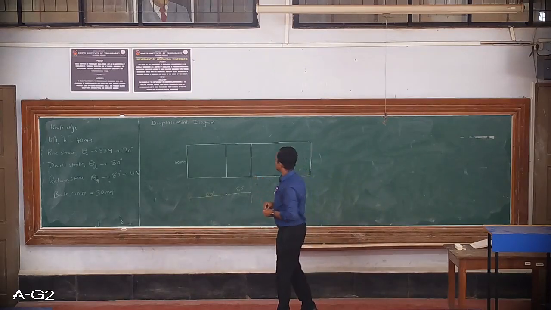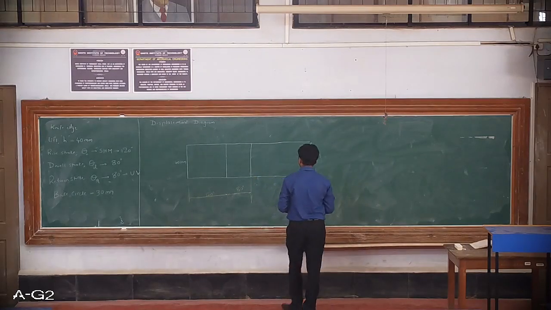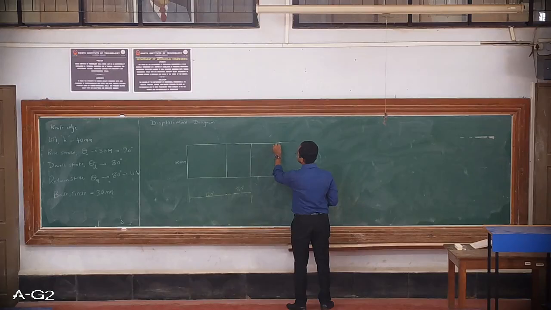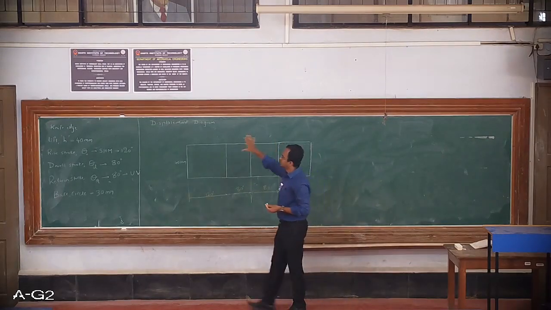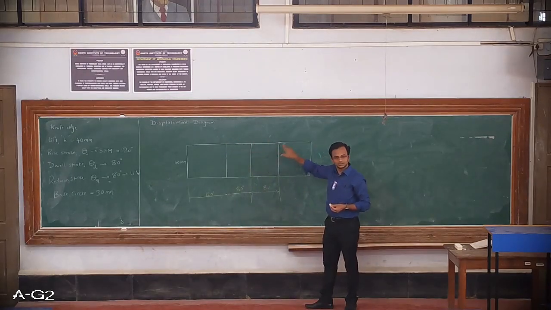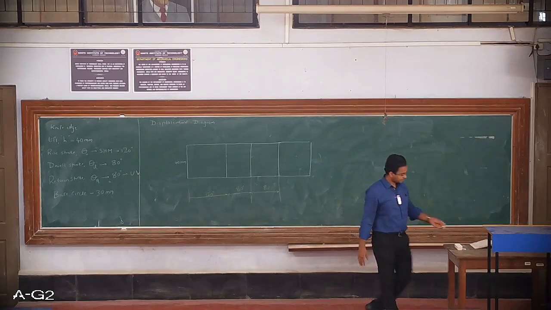Afterwards again we are having a return stroke, which is once again 80 degrees. So whatever is left, that is again the dwell period. So the type of cam profile is rise, dwell, return, dwell. Okay, I hope it is clear now.